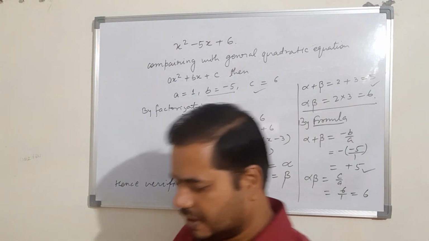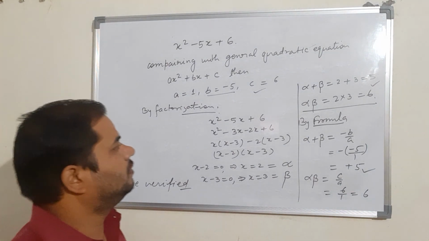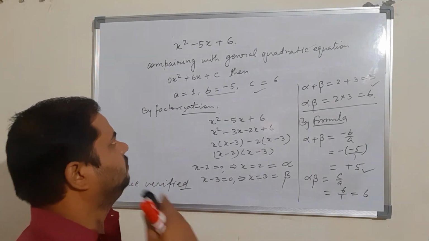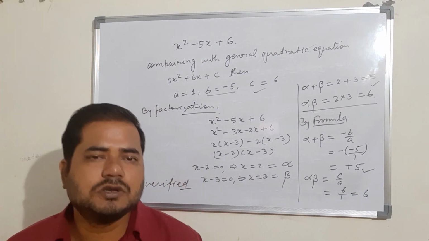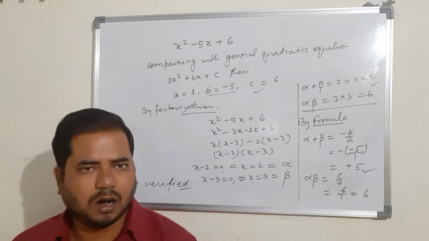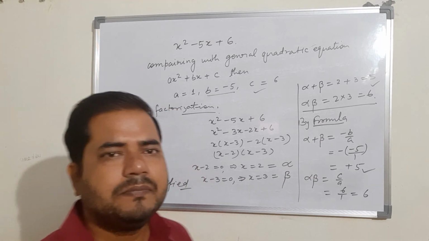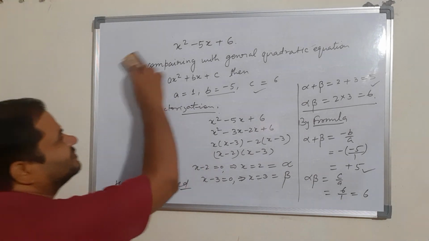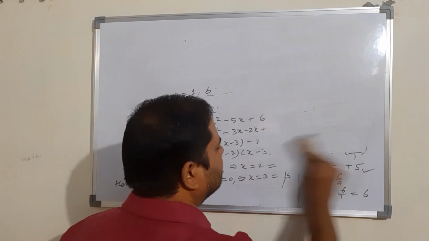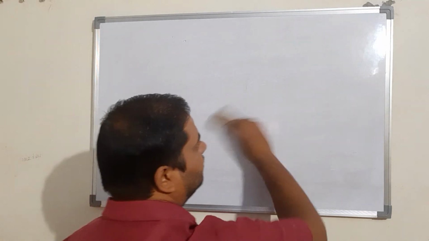Now one thing remains here. We need to find the quadratic polynomial if the sum and product of the zeros of the polynomial are given. This is the formula for finding the polynomial whose sum and product are given.